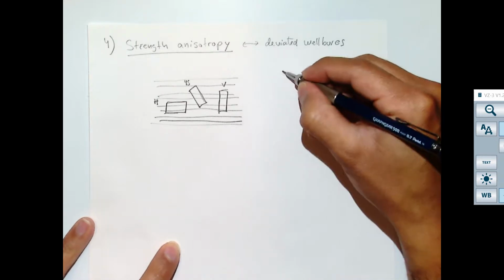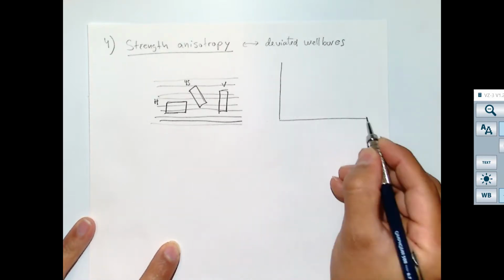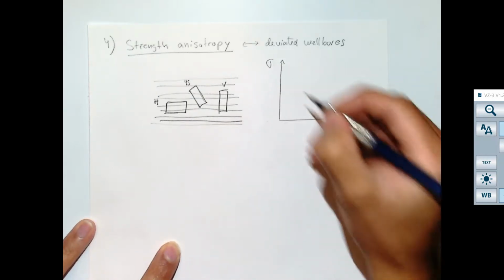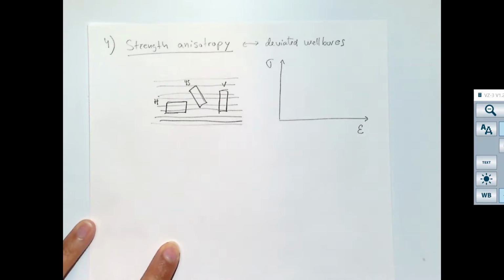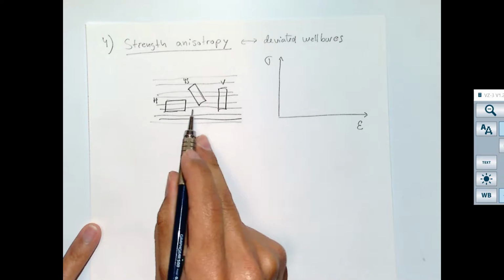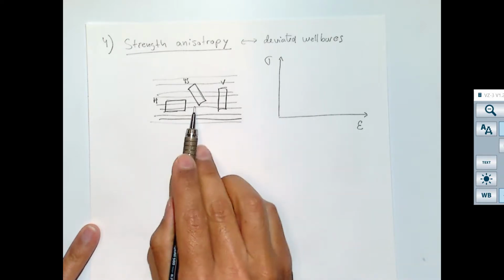And for the particular case of, let's say, a compression test in which we're going to fail the rocks in shear, what we usually see, not all the time, sometimes it can change, okay? It depends on how weak these planes are.